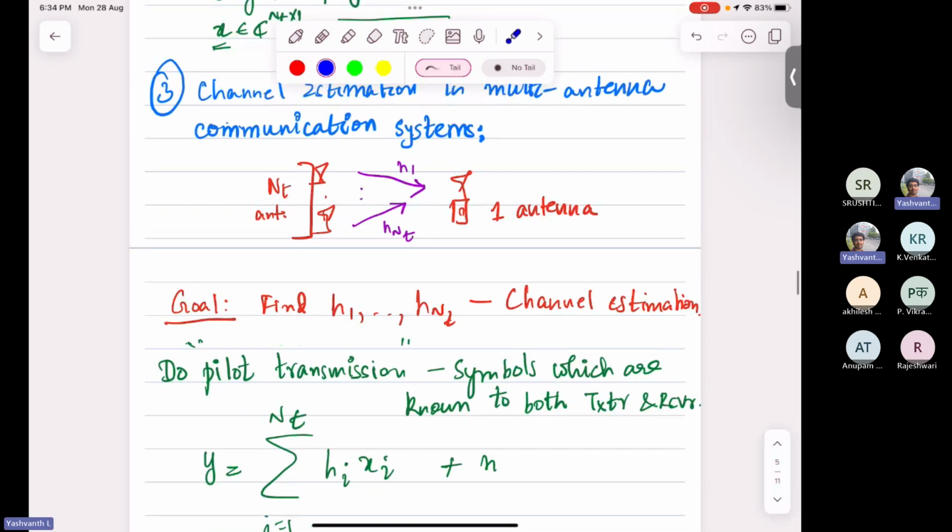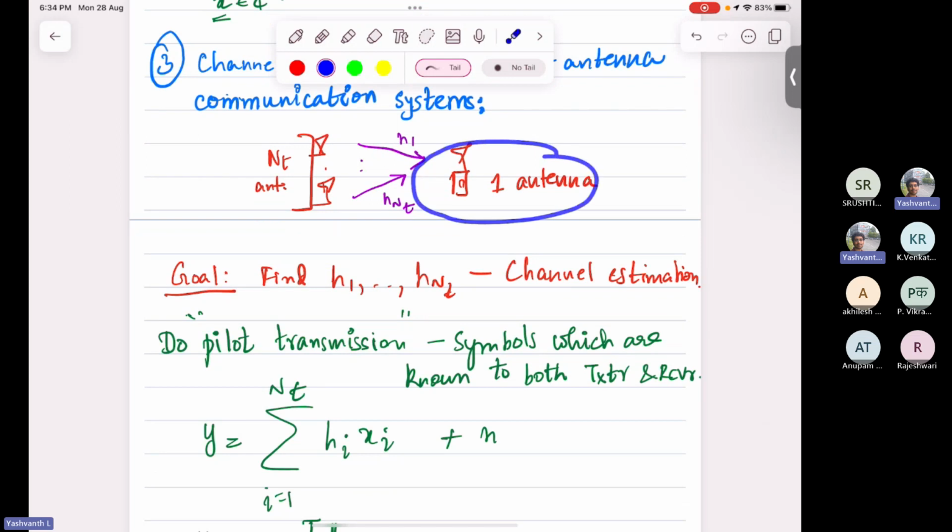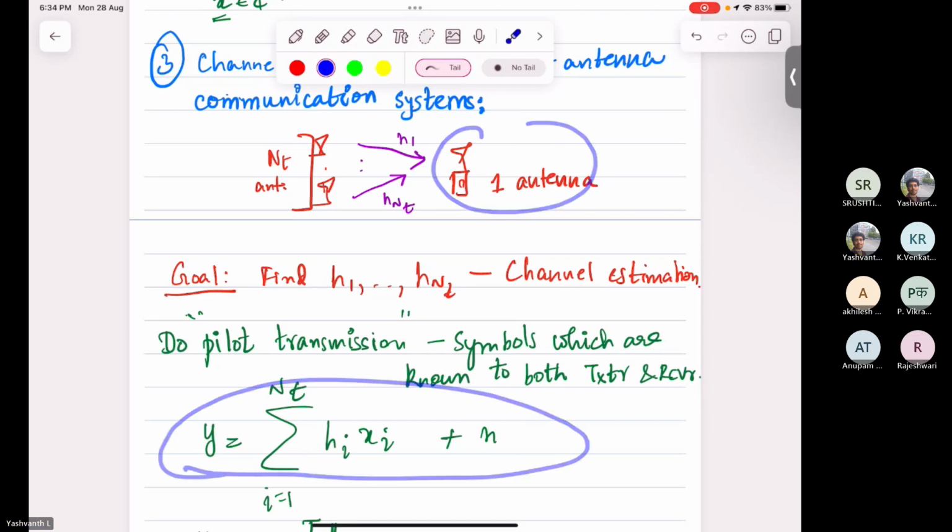So now, if you see this, it's a single antenna receiver. So I can write y is equal to summation of h_i x_i, where the summation is taken over all the antenna indices, plus some noise, which is a 1 by 1 scalar, because it's just one. So it's a scalar equation.